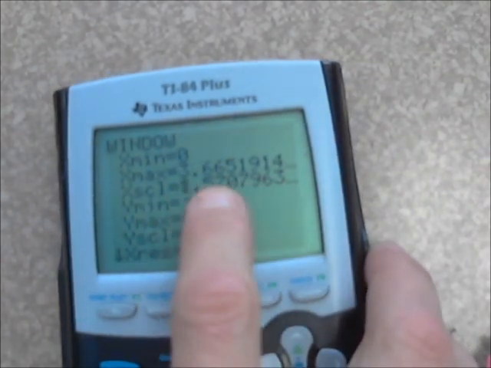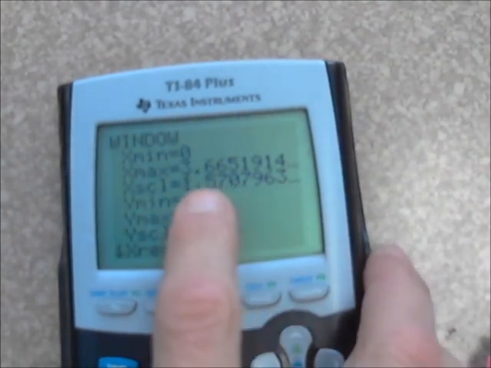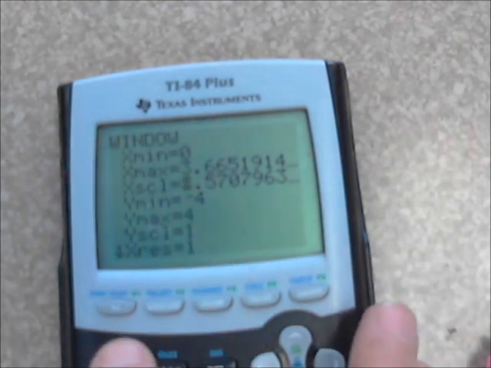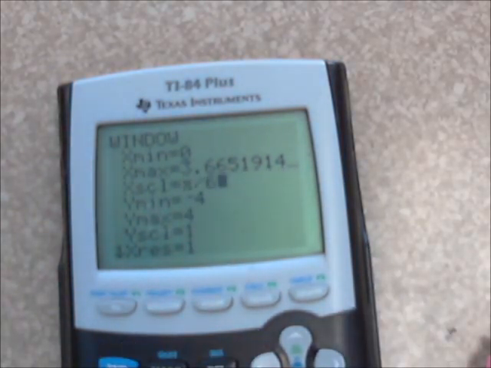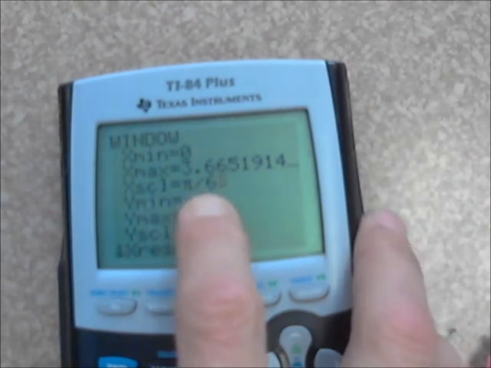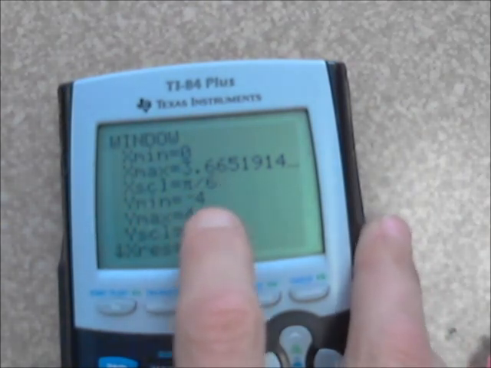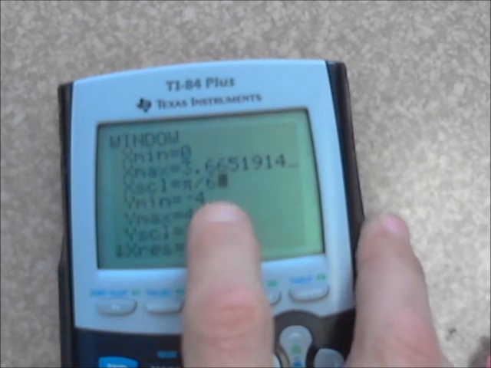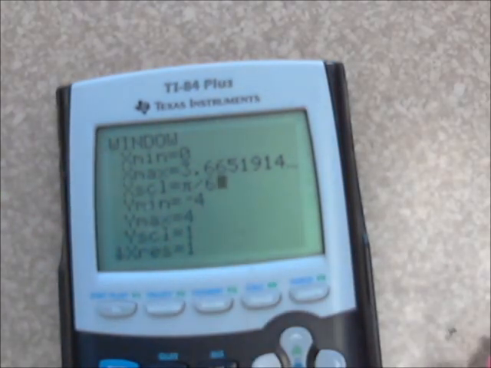And the scale on my x-axis, every tick mark that I had on my graph was pi over 6. So I'm going to plug in pi over 6 so I can see each tick mark. And the y min and max can be anything kind of small. Maybe we'll make this -2 up to +2, so we can get a pretty good look at this. And the scale on our y-axis will be 1.